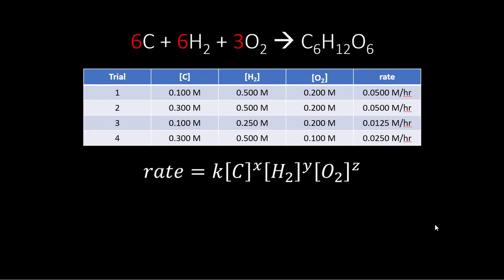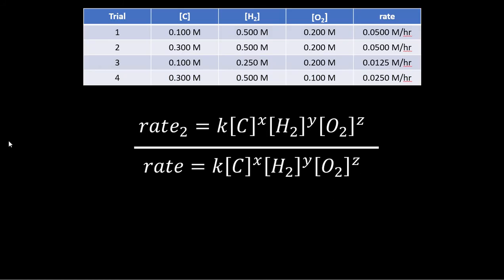Well, the nice thing is, if we were able to find two trials where the concentrations of all but one reactant are staying the same, then we can do what we're about to do right now, which is essentially take the data from one trial and divide it by the values of another trial to basically get some things to cancel out.